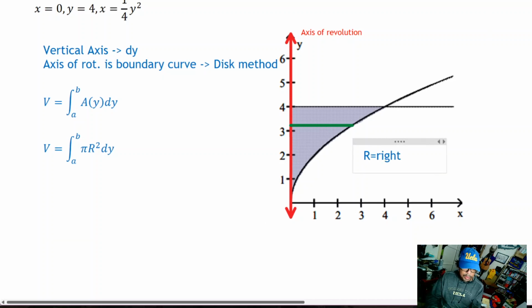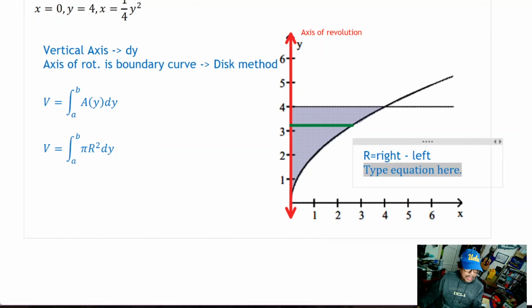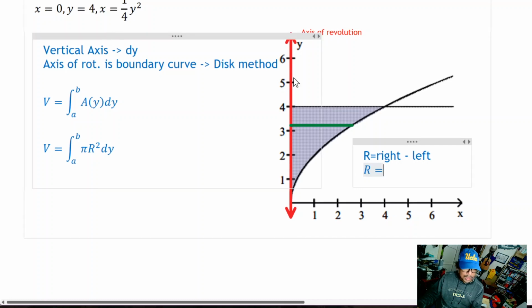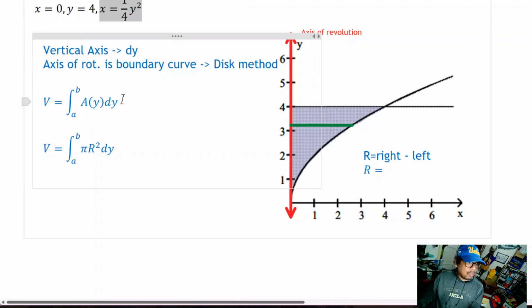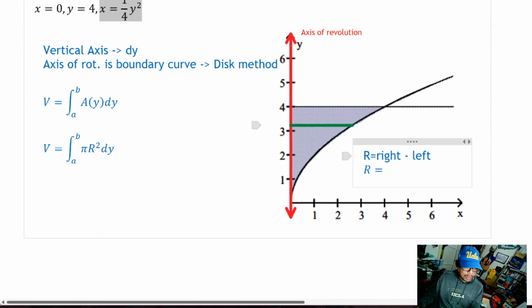So the radius is actually right minus left. It's going to be the x-coordinate on the right minus the x-coordinate on the left, which means the radius is going to be equal to, see, the x-coordinate on the right is on this curve, which is this equation right here, 1/4 y squared. So it literally tells you what that x-coordinate is. It's 1/4 y squared.